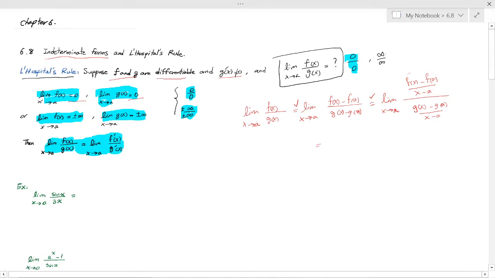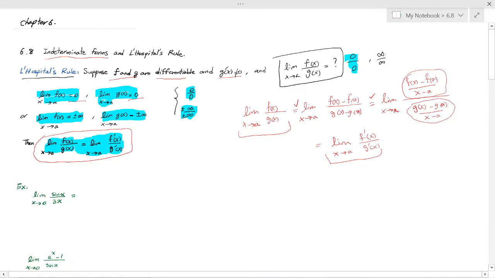But now if you look at the numerator, this is the definition of the derivative as x approaches a. The same if you look at the denominator, this means the derivative of g at x equal to a. So we get f prime of x divided by g prime of x as x approaches a. And this basically means that the limit equals this limit. And that is what the L'Hopital rule says.